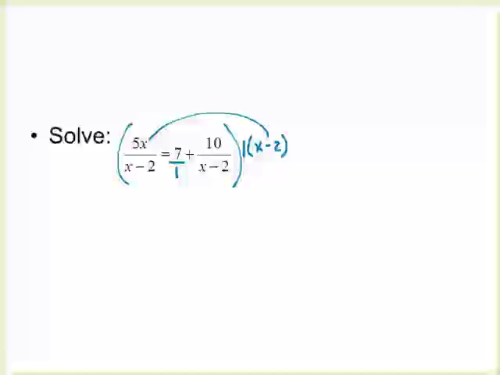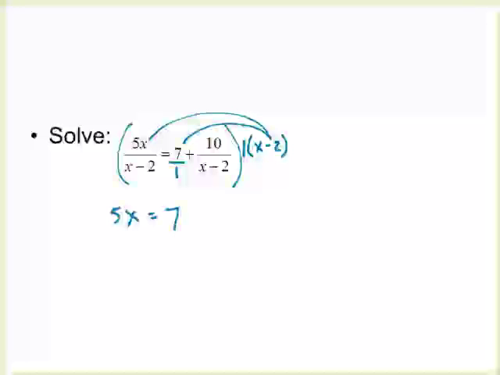As we distribute that through, the x minus 2's would cancel in the first fraction, leaving just the top of 5x. We do need to multiply the 7 as well. A lot of students leave that out. That equal sign needs to keep the balance.